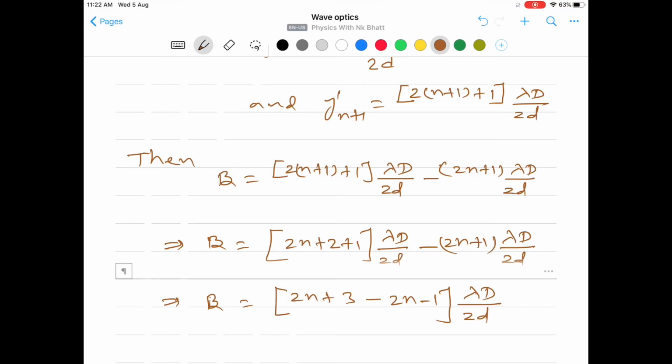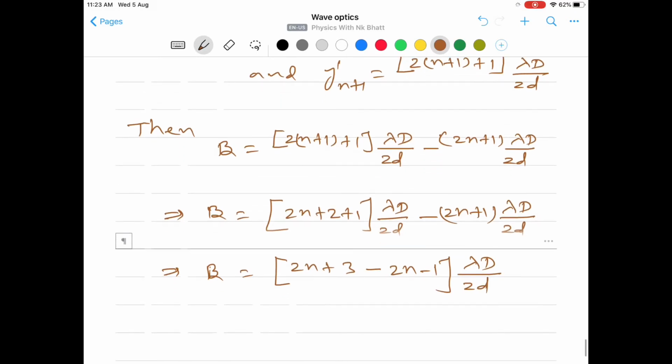So from the first bracket we have 2n plus 3, and from the second bracket we have minus (2n plus 1). If you open the bracket, it will be minus 2n minus 1. So 2n and minus 2n will be cancelled.